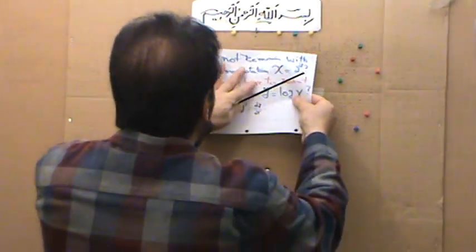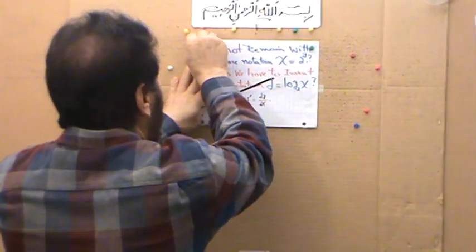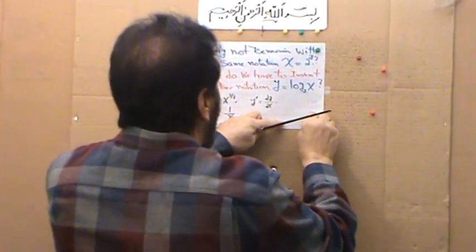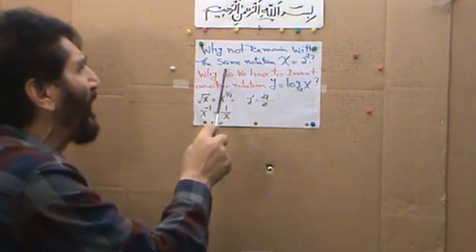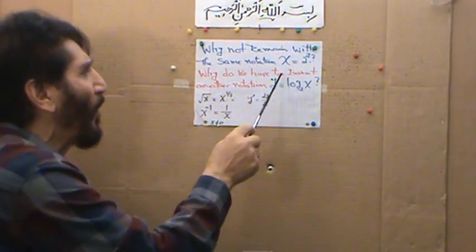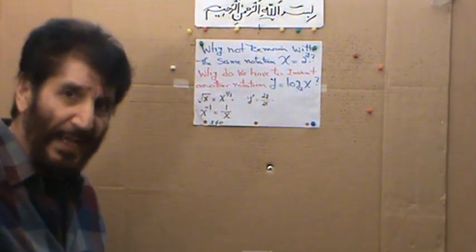Why do we have to change it? I just put it in writing for the curious students who want to write notes. Why do we not remain with x equal to 2 to the y? Why do we have to invent another notation? I've already answered that one.